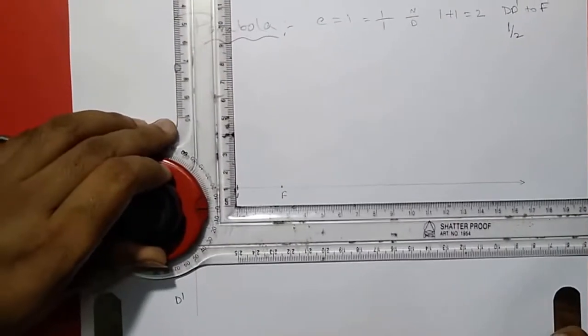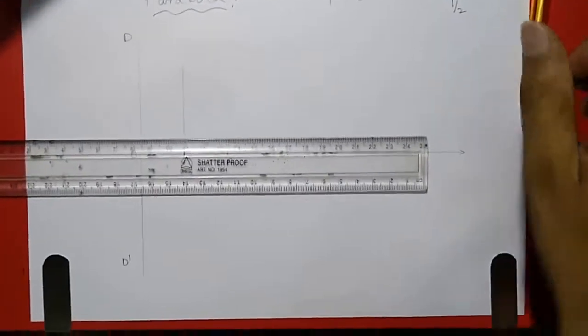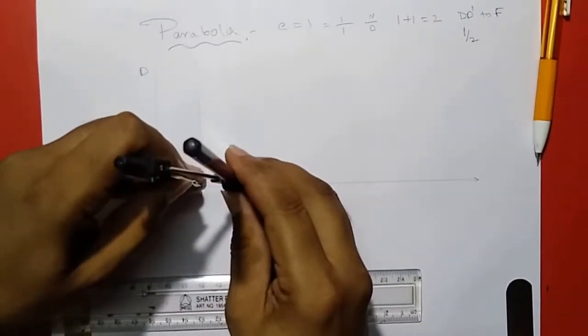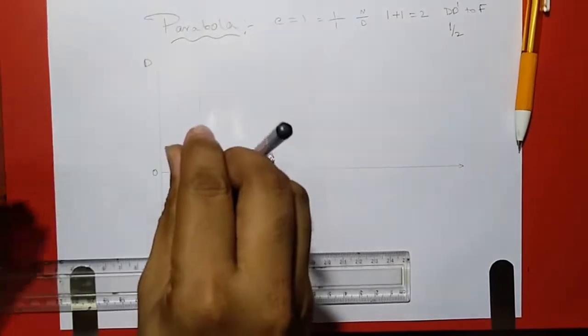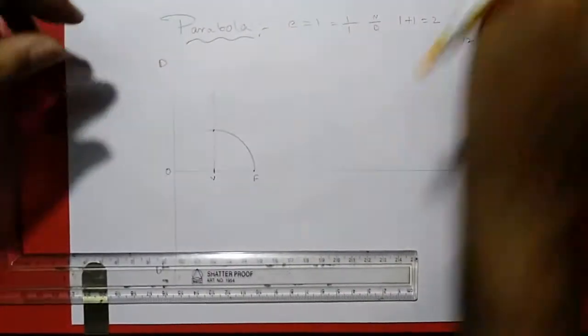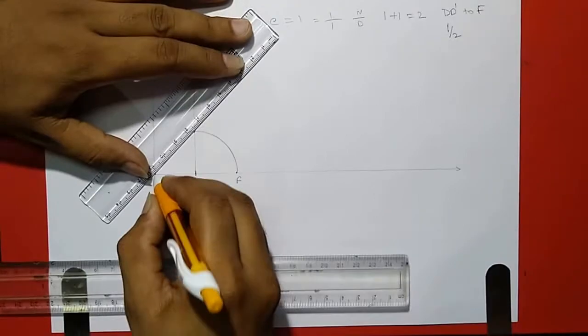In the similar way to how we constructed the ellipse, we have to draw the line. We have to measure this. Draw an arc which cuts over here, and simply we can draw an arc from here.